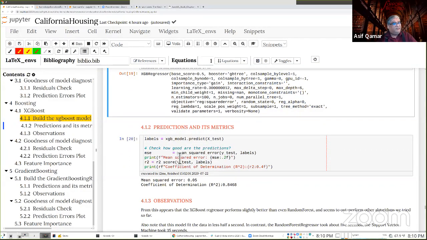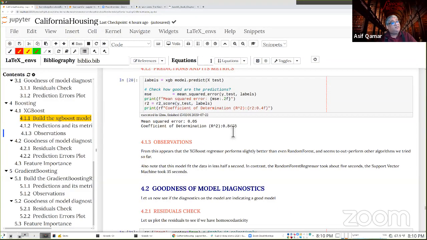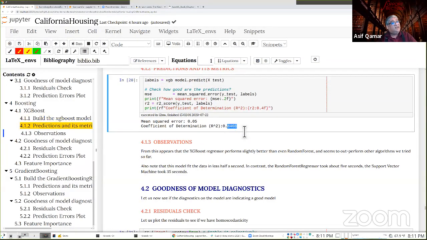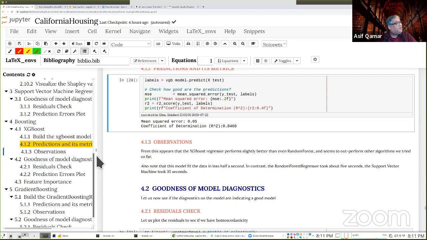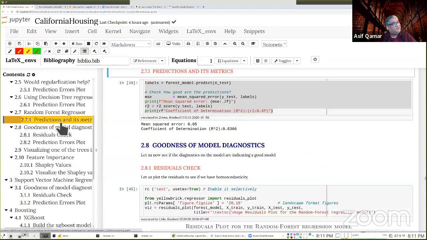But when it comes to predictions and everything, good. You notice that it makes 84.68% is the coefficient of determination, the R squared. How does that compare, let us say, to random forest? Let's go and see what happened in the random forest. Random forest was 83.66 and mean squared error was 0.05.